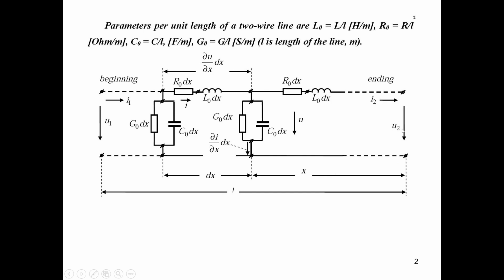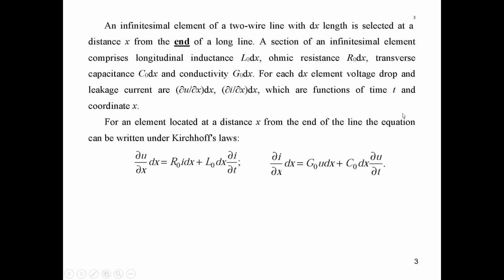And we consider the parameter from the end of the line. So x is the distance of an infinitesimal element from the end of the line, and we will assign U2 and I2, the voltage drop and current at the end of the line.